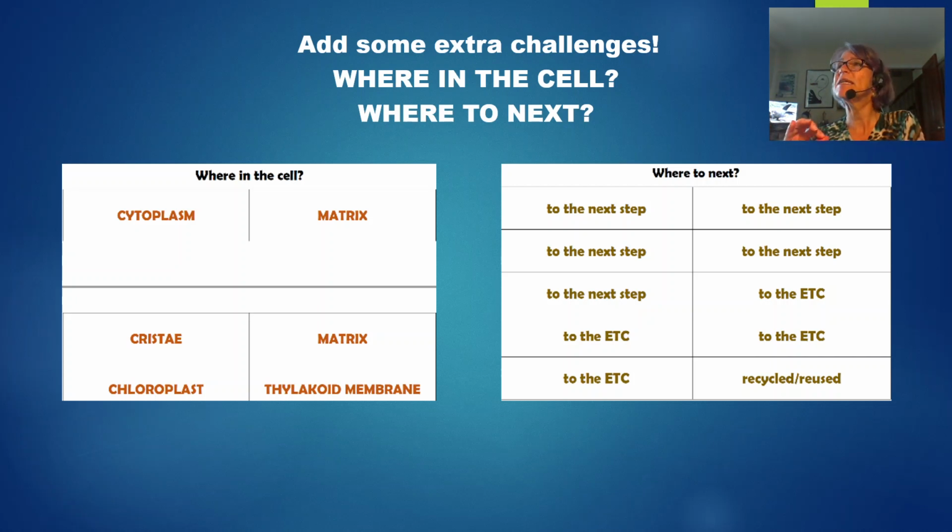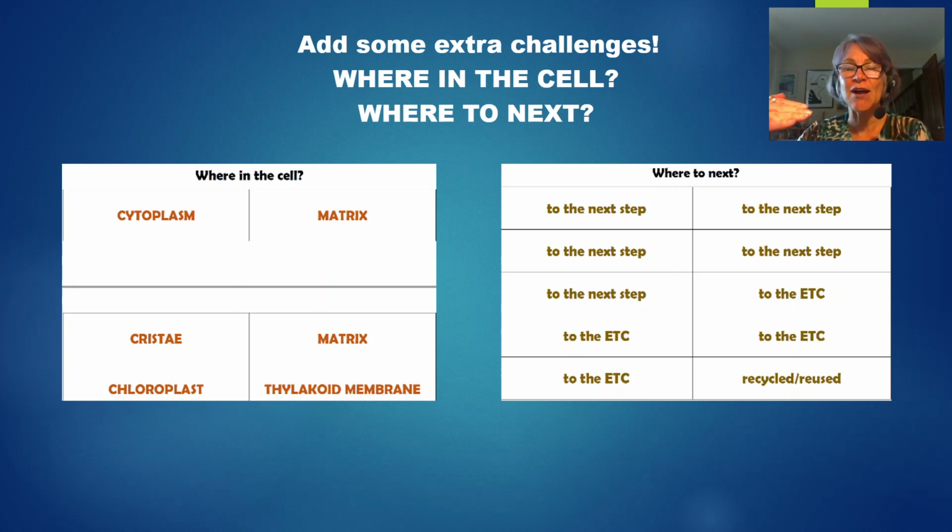Remember, the electron transport chains are the things that take place on the membranes. The other steps are either going to be in the matrix or in the stroma, or in the cytoplasm.